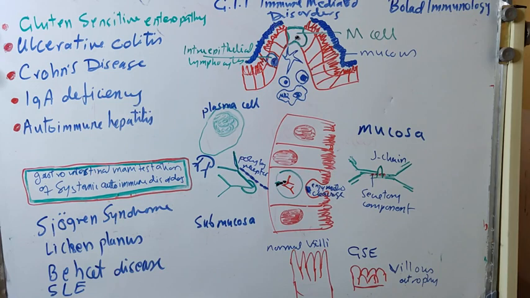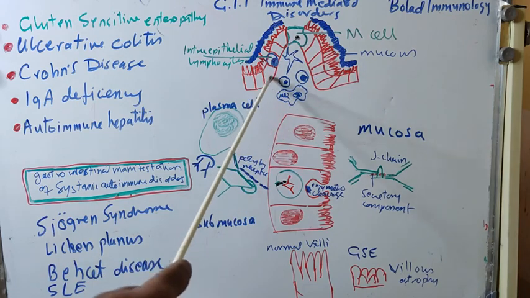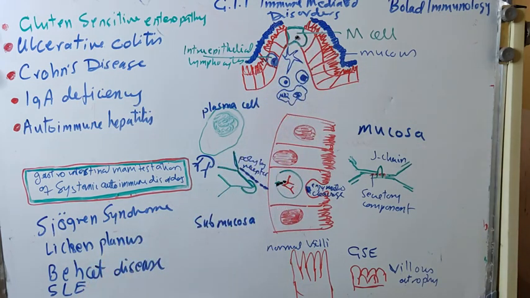And these follicles are referred to as Peyer's patches. The innermost layer of the mucous membrane, known as lamina propria, has scattered lymphocytes, and they are mainly IgA secreting B cells.